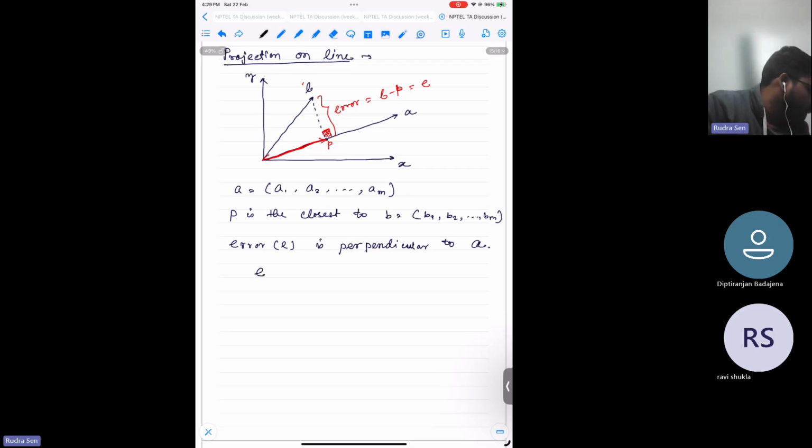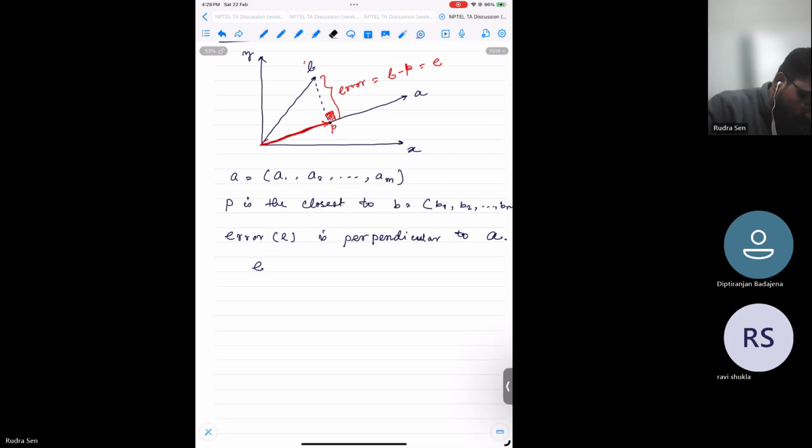Now what is E? Since this P lies on this A vector, we could represent this P vector by the basis of A, right?